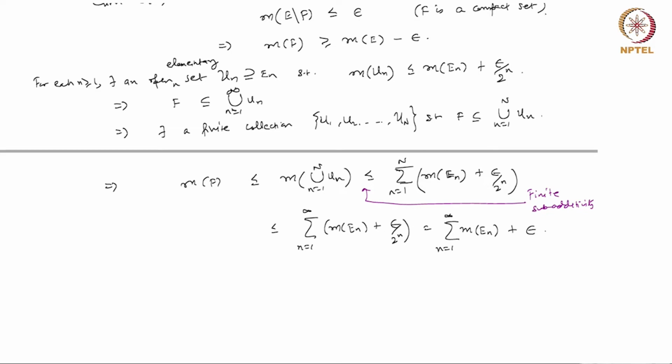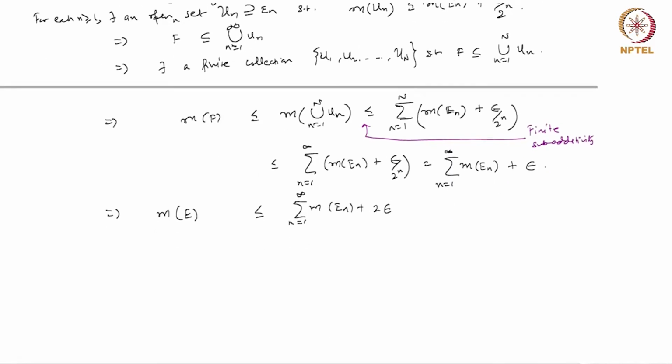And on the other hand, this implies that m(E) minus epsilon is less than or equal to the sum n equal to 1 to infinity of m(En) plus epsilon. So this minus epsilon can be taken to the right side, so you get plus 2 epsilon. Nevertheless, you get the inequality that you want, the sum n equal to 1 to infinity of m(En).